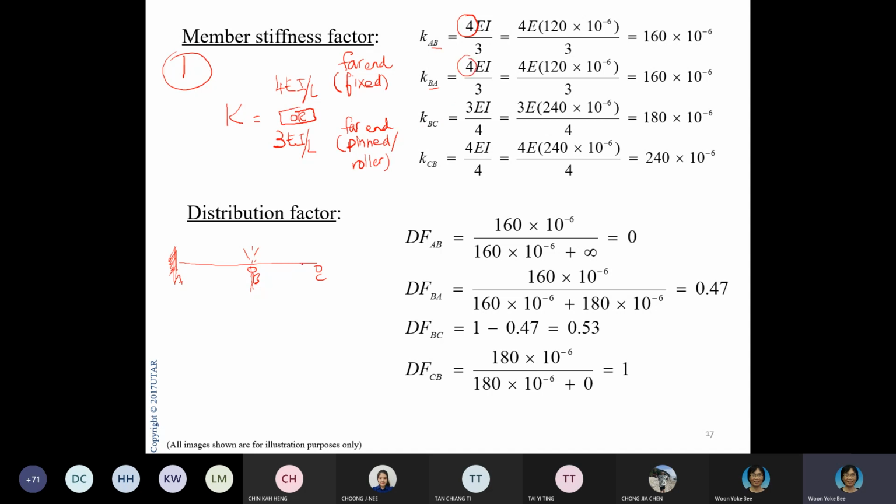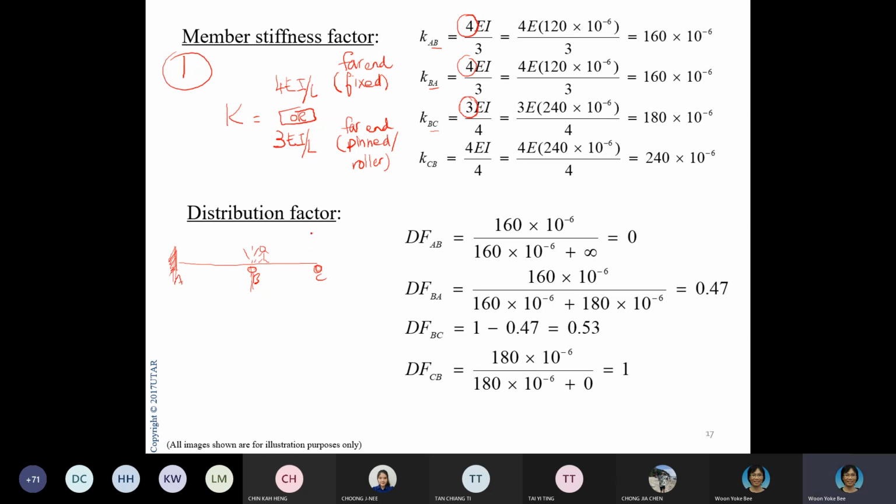For BC, this is the far end, so this is pin or roller. When I stand here, this is my far end, a pin or roller. So when I'm looking for KBC, I will apply 3EI over L because this far end is pinned.